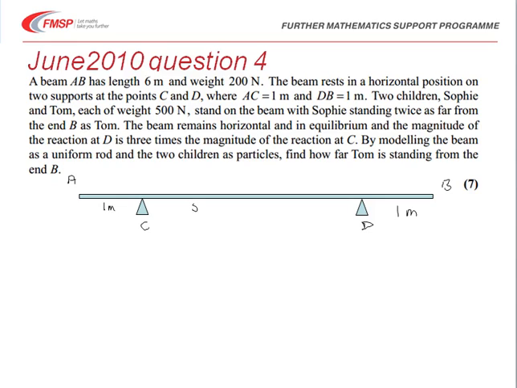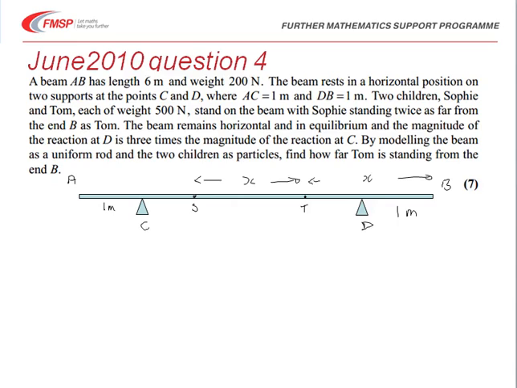But in particular, we're told that the distance that Sophie stands from the end B is twice as far as Tom. So let's mark Tom in at this position, where the distances are x for Tom and then another value of x for Sophie.